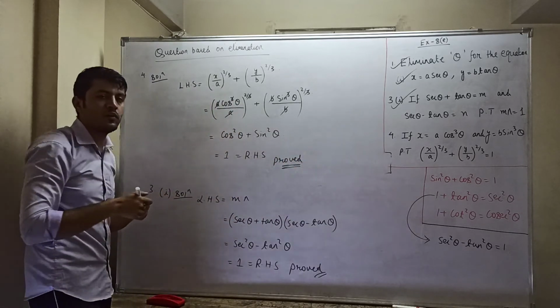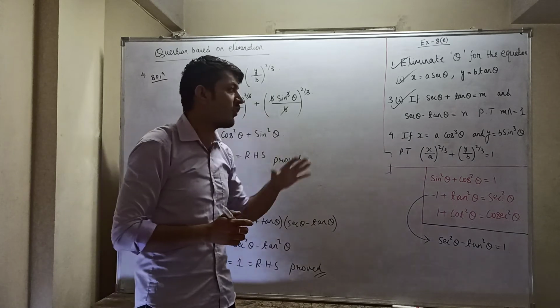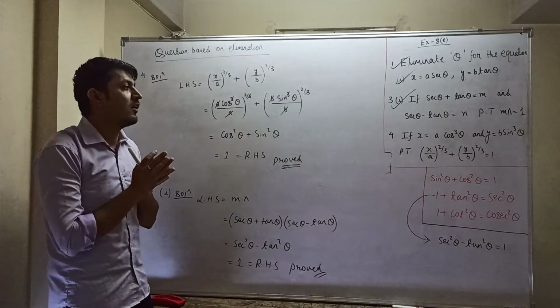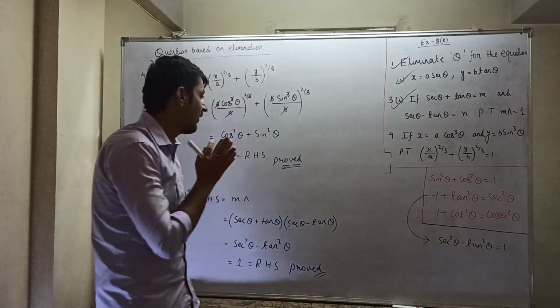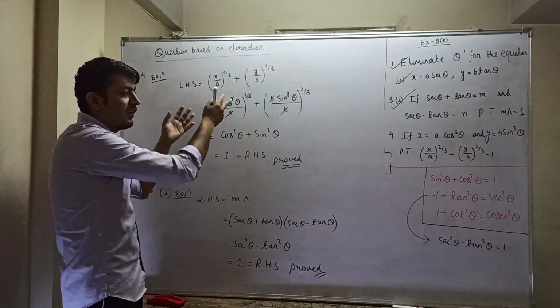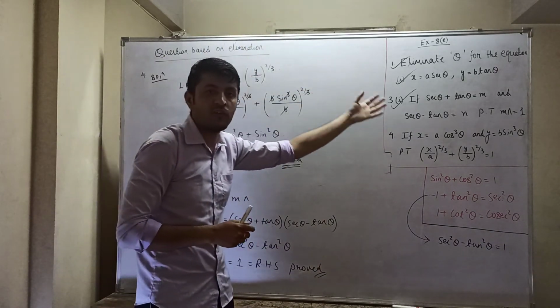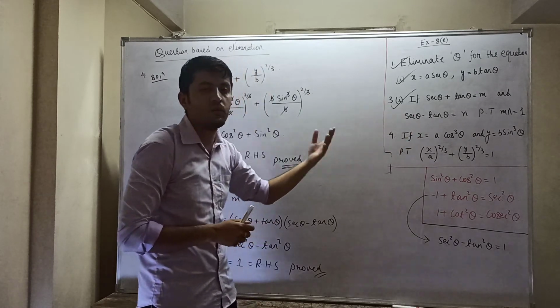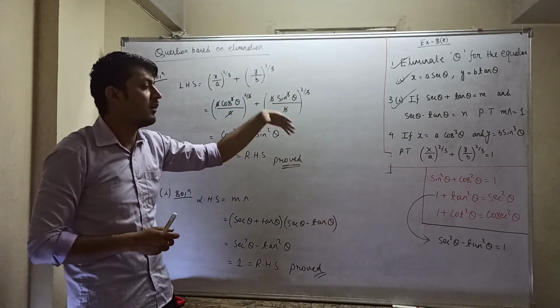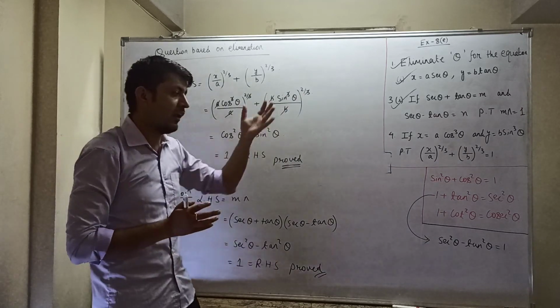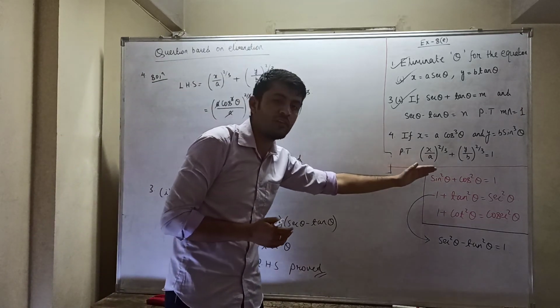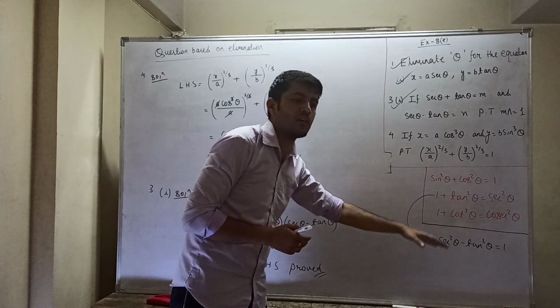So I have shown you 3 types of problems. From your exercise you can easily try, okay? You can easily try your exercise using these types of problems. The basic concept you have already got, how to use the identity relation. I have taught you. So keep on practicing, and please one more thing: you have to remember your identity relations.